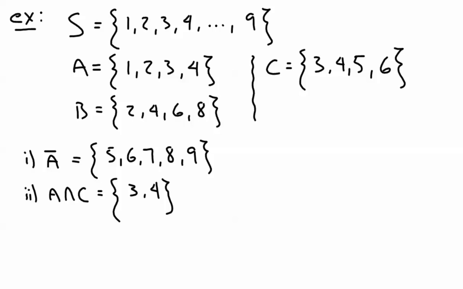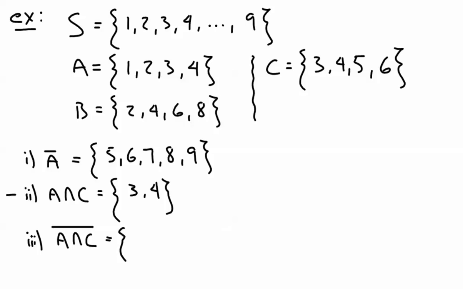What about a slightly more complex compound operation? Be A intersect C complement. So we find the intersection of A and C first, and then complement that and find all the elements that are in my universal set S that are not elements 3 and 4.